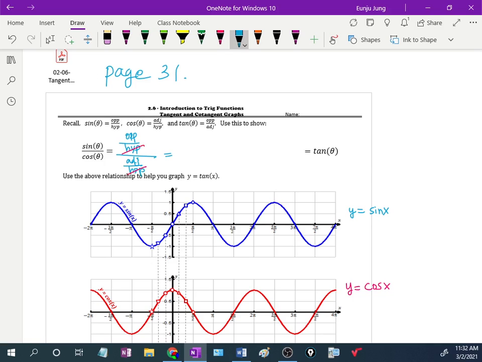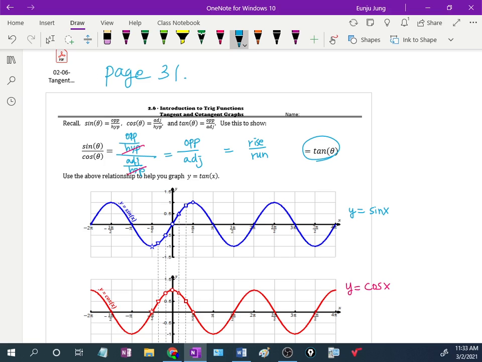It can be reduced to opposite over adjacent, which is the ratio of tangent. Sometimes I call this rise over run, to describe opposite from that angle and adjacent from that angle. So that is the ratio. We verify that sine divided by cosine gives us the tangent function.